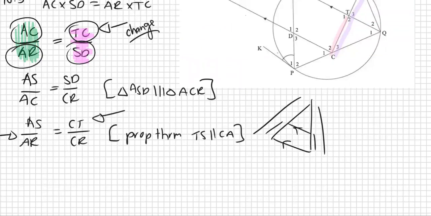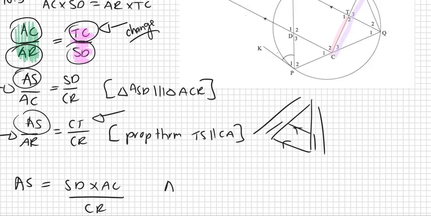If we multiply these out and get AS on its own, then AS is equal to SD times AC over CR, and AS is also equal to, from this one, CT times AR over CR.